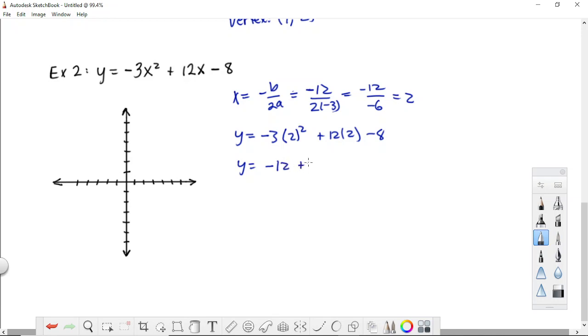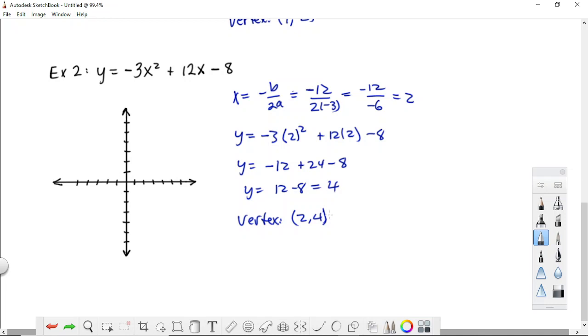And that's plus 24 minus 8. y equals positive 12 minus 8, which is 4. Okay, that is our number, so the vertex is just 2, 4. The x coordinate of the vertex we said was 2. Plug that in and calculate what y is when x is 2, and that's 4, and there we have it.